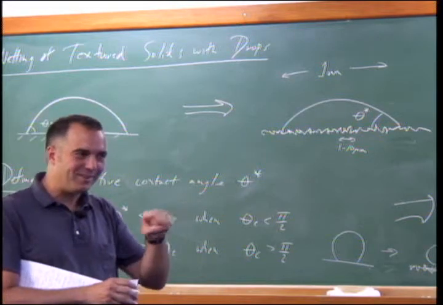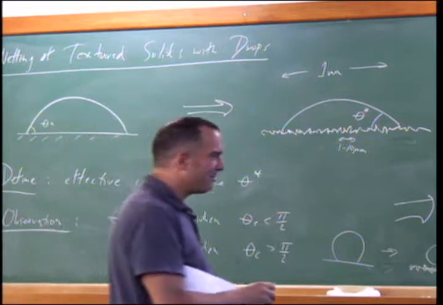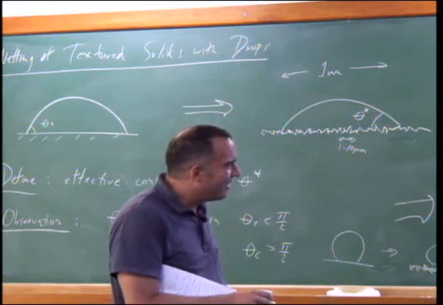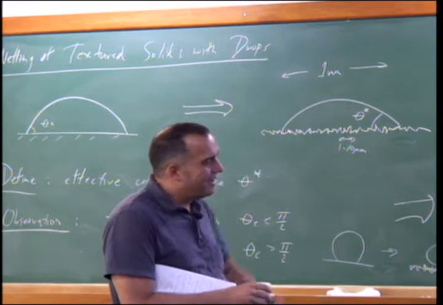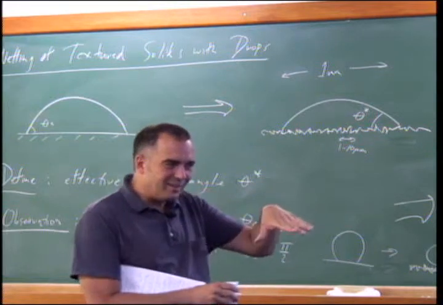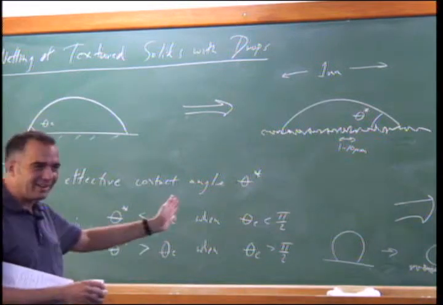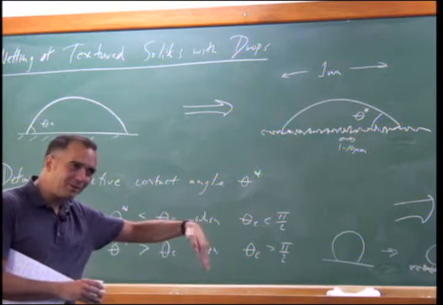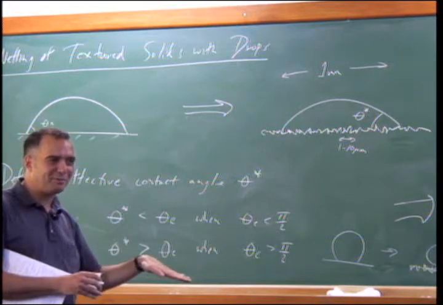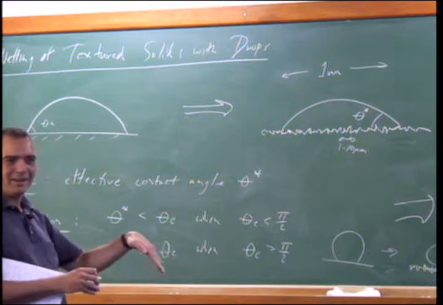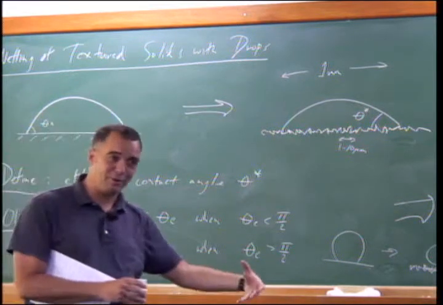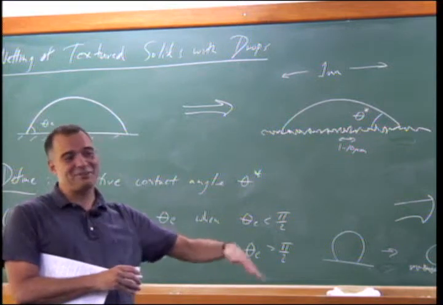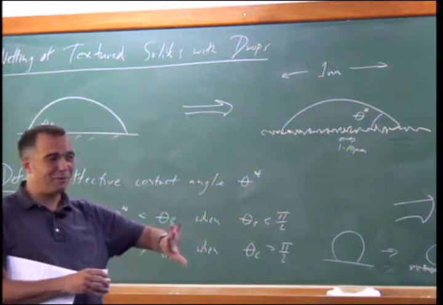And it wasn't for the reasons we thought at first. At the time, I sort of got into wetting through these biology problems, but it was because the soap changes the contact angle from greater than pi by 2 to less than pi by 2. So you suddenly go from something which is hydrophobic and rough, so super hydrophobic, to something which is now hydrophilic and super rough. So it goes from being super hydrophobic to super hydrophilic.